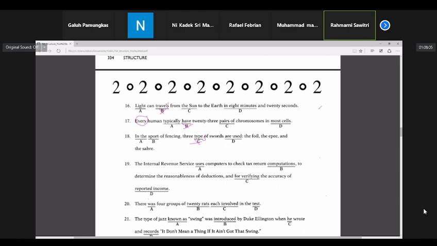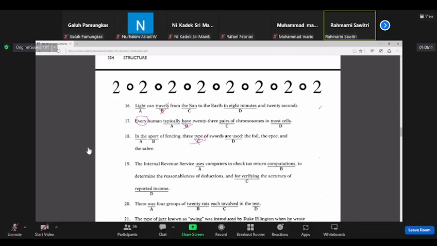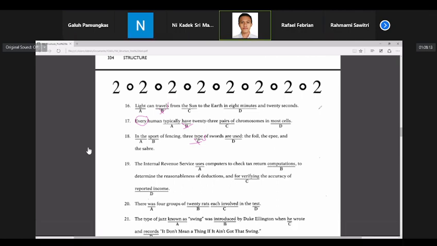19. 19 we have Rakadimas. Yes, ma'am. 19 C, ma'am. C. The Internal Revenue Service uses computers to check tax returns computation to determine the reasonableness of deductions.